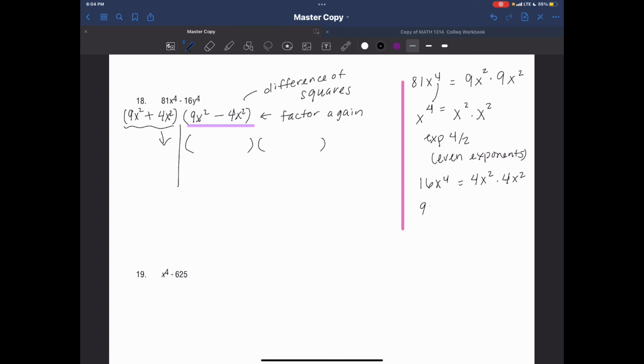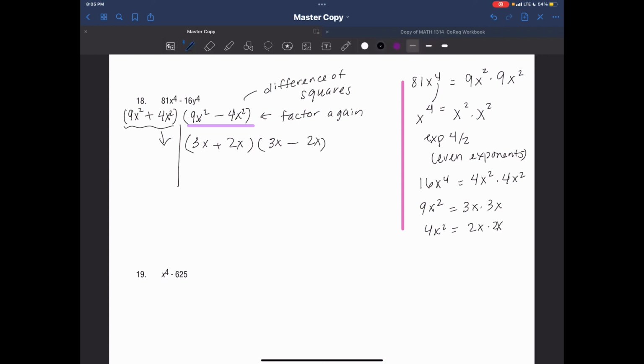So if I have 9x squared, that's 3x times 3x. And then if I have 4x squared, that's going to be 2x times 2x. So I'm going to fill in my factors. So 3x, and then 2x, not a 4x.